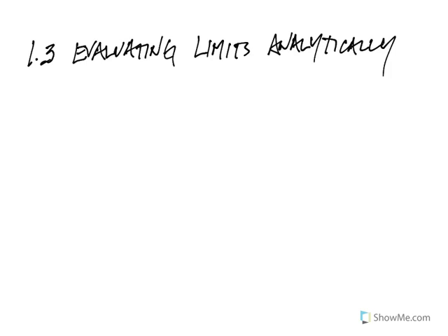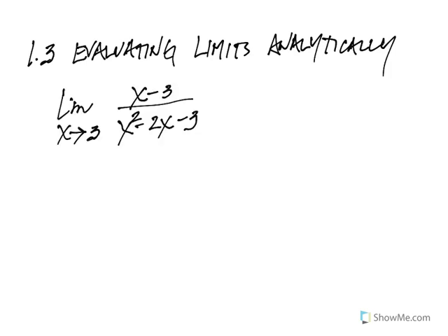Today I'm going to be giving you problems where there is a hole, but instead of building a table to find the limit, you're going to be using some algebraic tricks, and that's what I'm going to be teaching you today. Nothing more than just a series of tricks to be able to determine the limit at a point where the graph does not exist. And here's our first example.